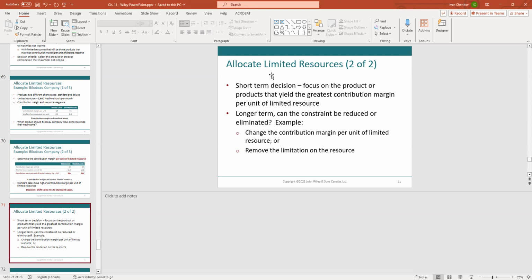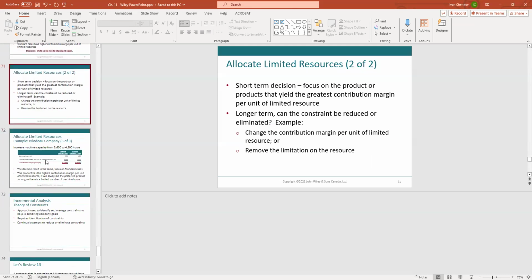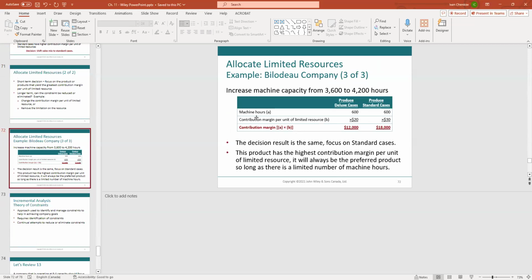Now, how are we going to allocate those limited resources? For the short-term decision, focus on the product that gives you the greatest contribution margin within the limited resource. On the longer term, we have to change the contribution margin per unit limits or remove the limitation of the resources. For example, increase the machine hours from 3,000 to 4,200 hours in order to generate more income.